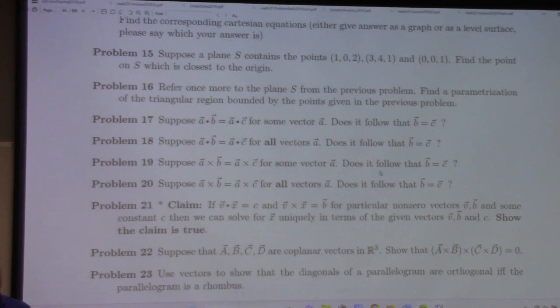One is true, one is false. And then similarly for the cross product, what does cross product equality tell you? Basically this series of 4 questions is asking you: can you cancel? Is there a cancellation property for dot or cross products? And the answer is kind of no.